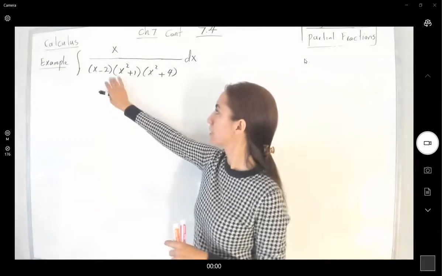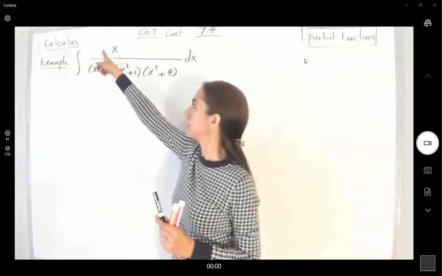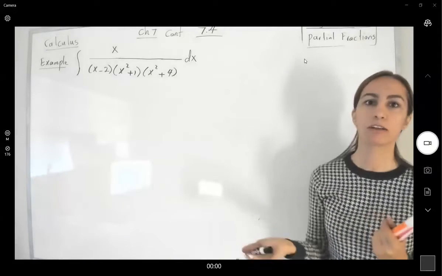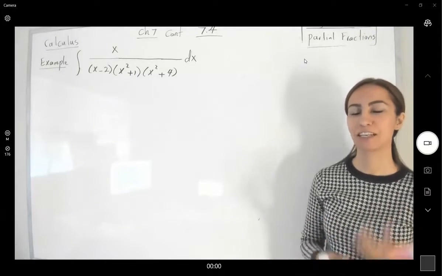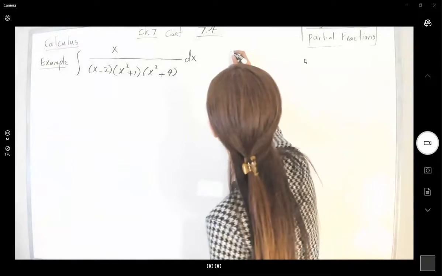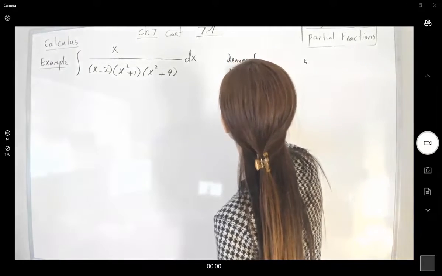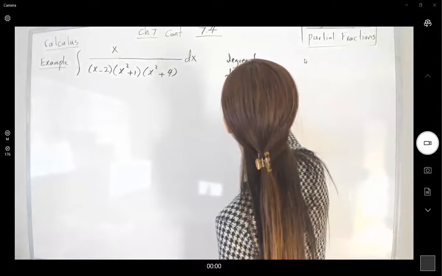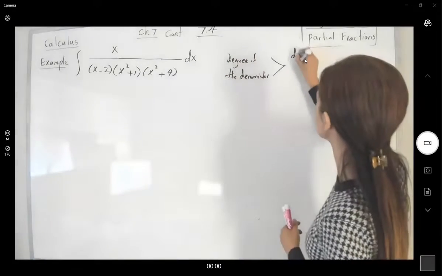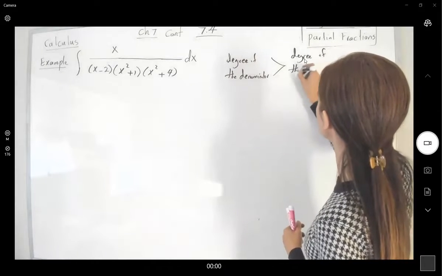First of all, the degree of the denominator is greater than the degree of the numerator. So in step 1, we need to write the denominator in factored form, which is already given to us. We're lucky. The degree of the denominator is larger than the degree of the numerator.